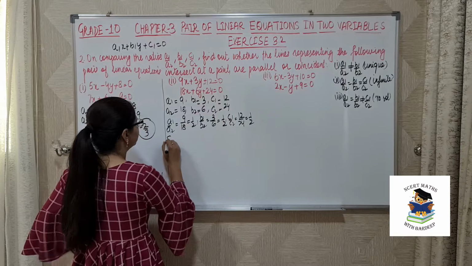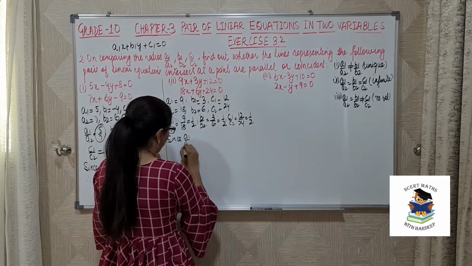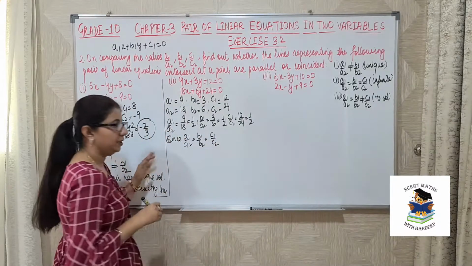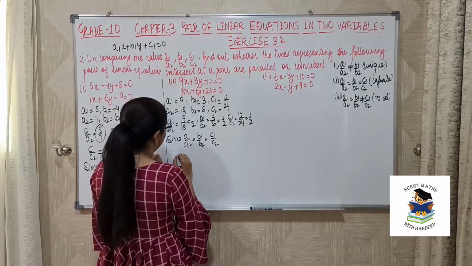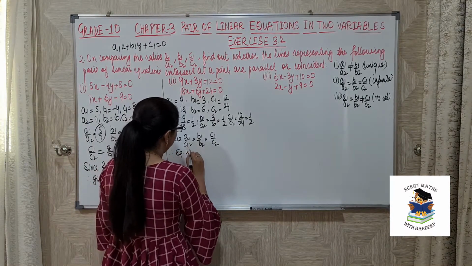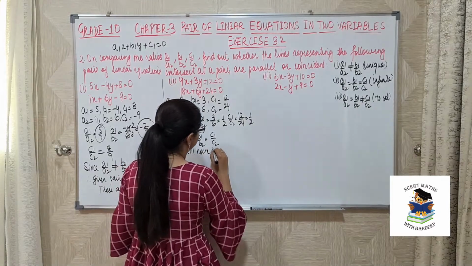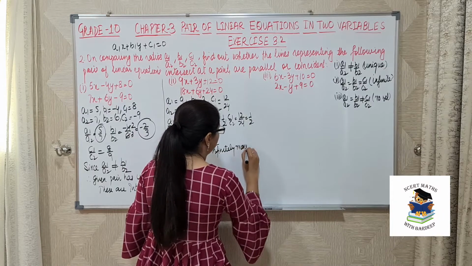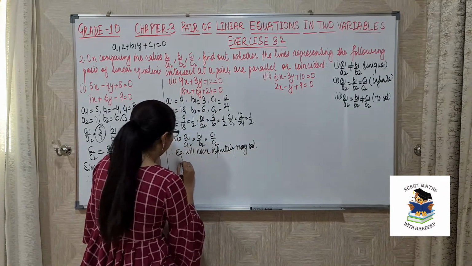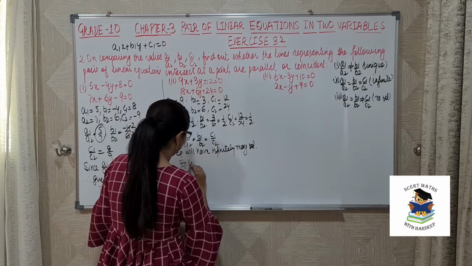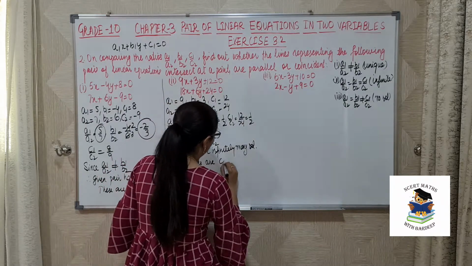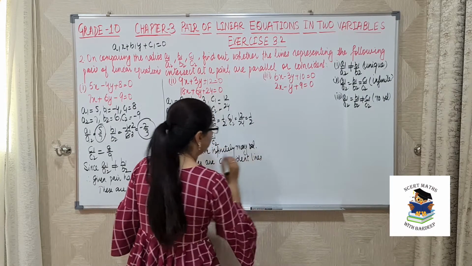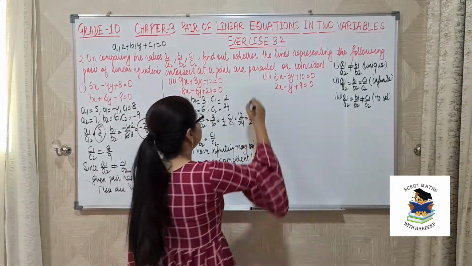So we will say since a1 by a2 is equal to b1 by b2 is equal to c1 by c2, therefore the equations will have infinitely many solutions, and the lines are coincident lines. Okay, so this is the second part.